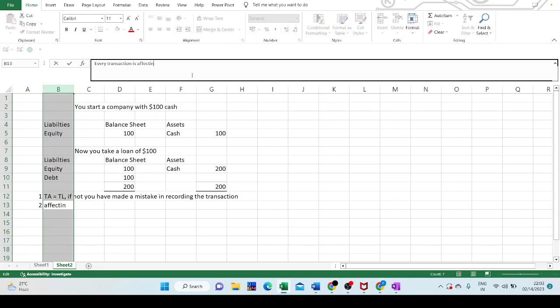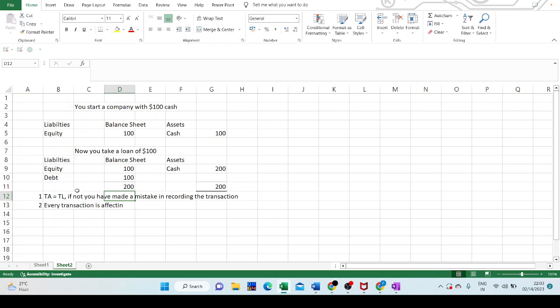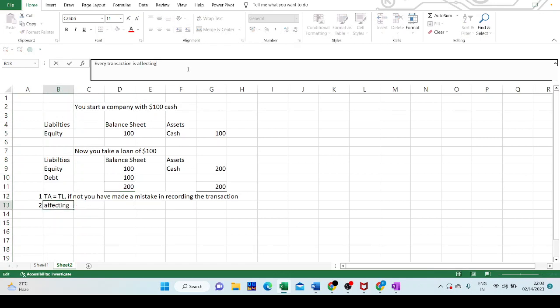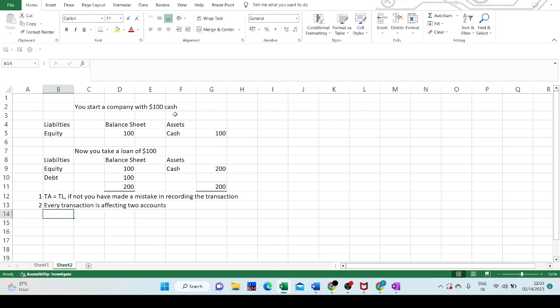Now guys, when you took a loan of $100, it increased your debt by $100 and it increased your cash by $100. So two accounts were getting affected. Please write this down. Every transaction is affecting two accounts.